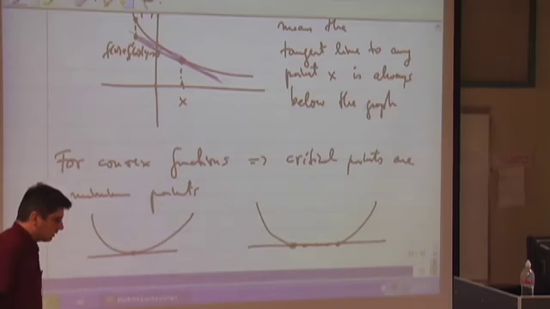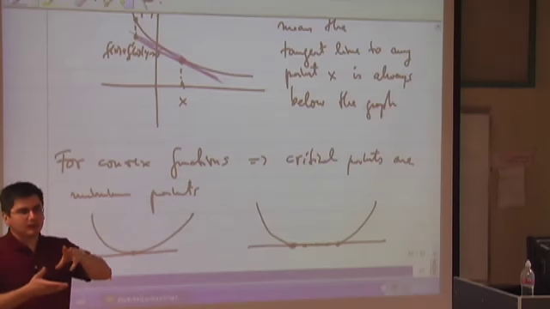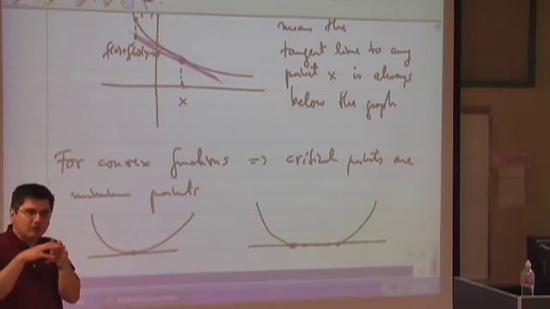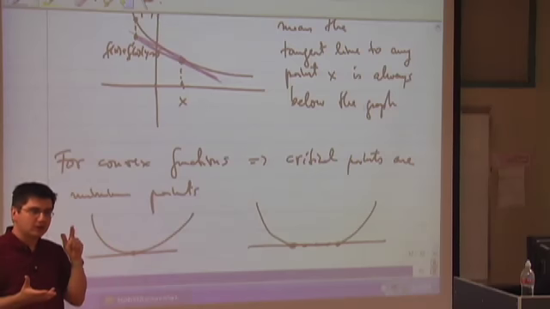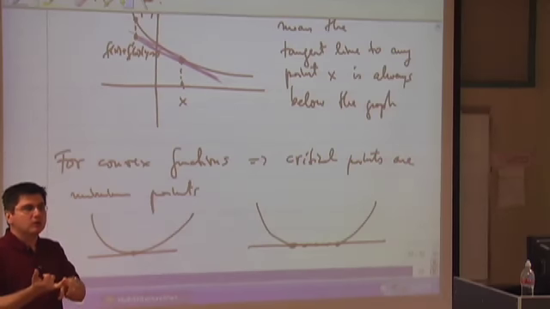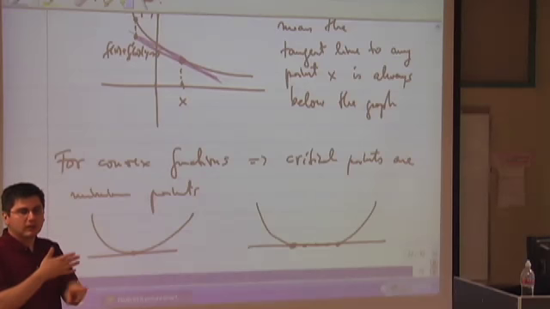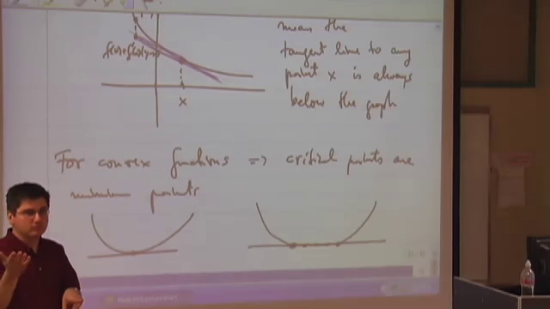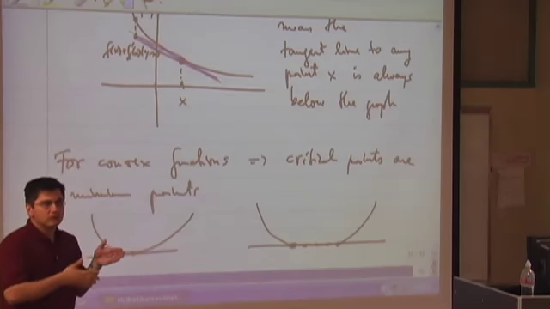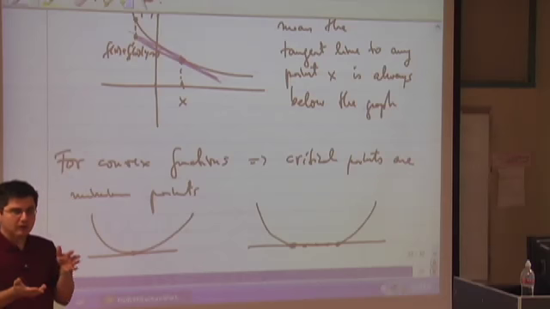And I'll leave you with this comment that linear programming problems are a subset of this convex optimization problem. Why? Because in linear programming problems, the objective function and the constraints are all linear, right? And any linear function is automatically convex.